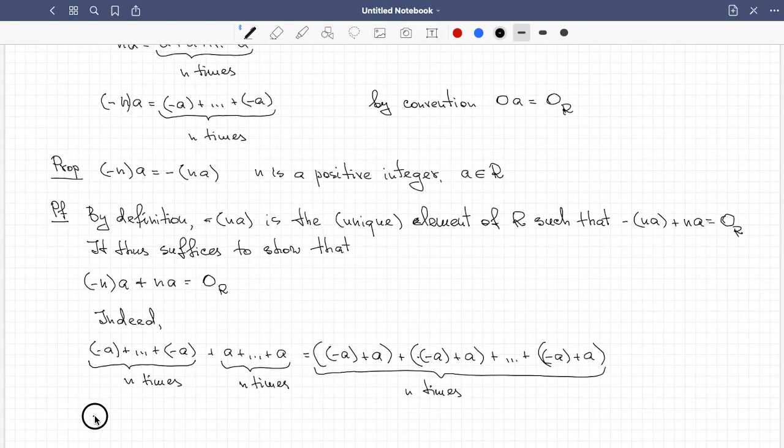So this is equal to 0 in the ring plus dot dot dot plus 0 in the ring, n times, and now by the property of 0, 0 plus something stays untouched, we collapse everything into 0 in the ring, as required.